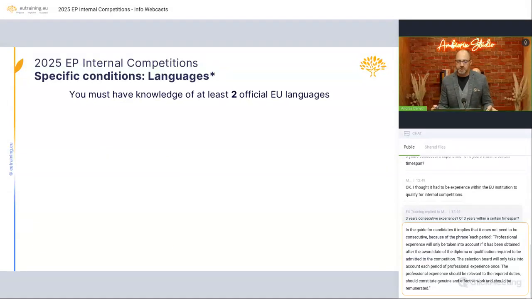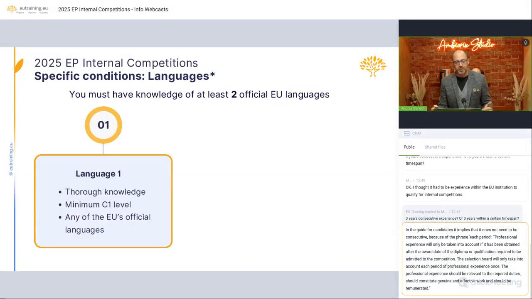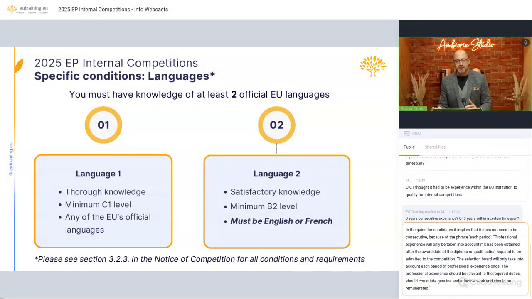So you need 2 languages, and the first one can be, well, language 1, any of these official languages, but you don't have such a liberty to choose anything, as you'll see in a second. So it has to be one of the 24 official languages, but it's not a completely open choice, as I will show in a second. And language 2 is essentially your choice, whether it's English or French.